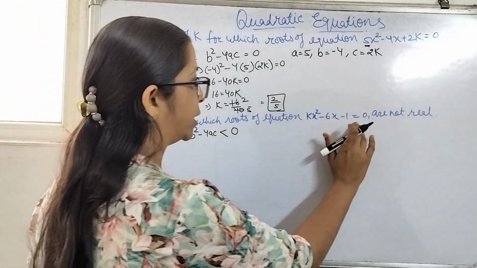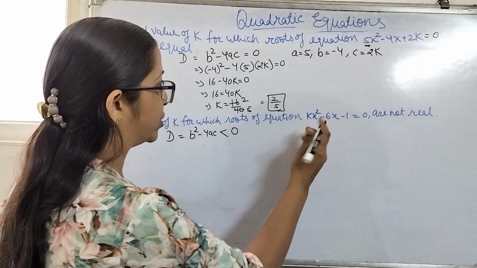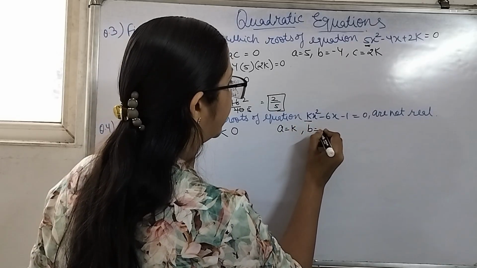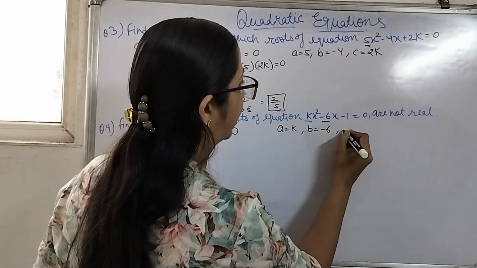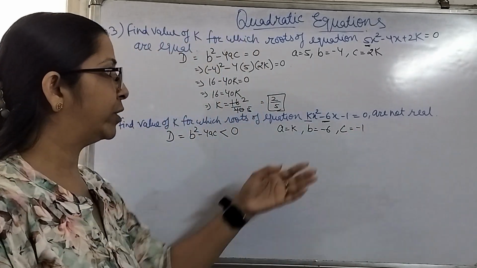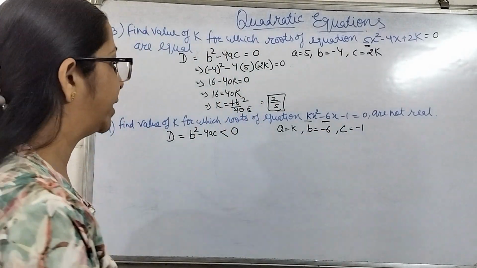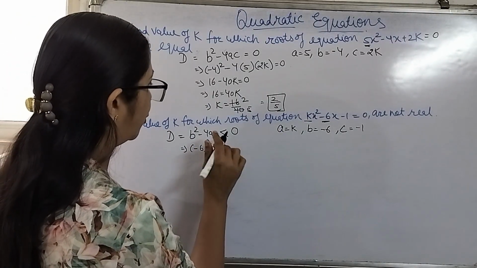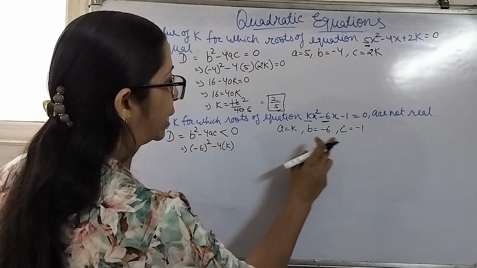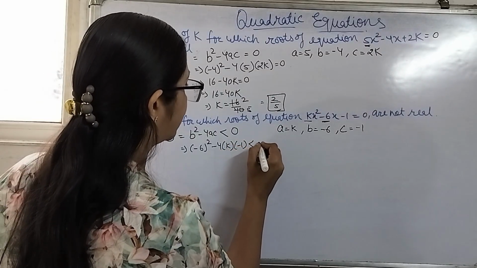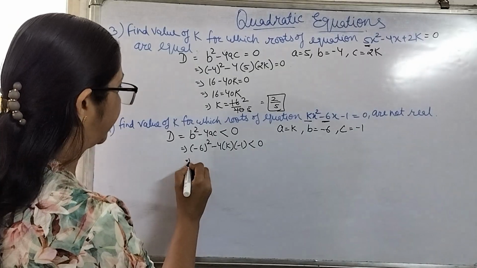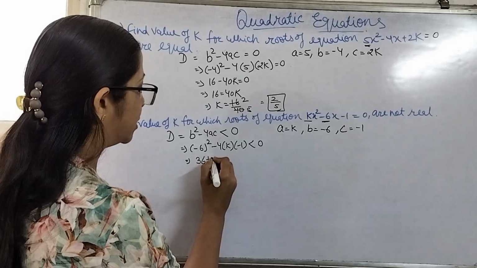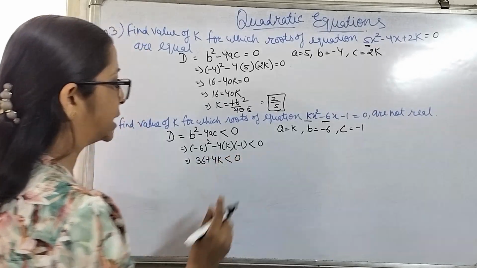Now again, if we compare this equation with the standard form of the quadratic equation, we can see that the value of a is k, the value of b is minus 6, and the value of c is minus 1. Now when we keep these values here, we get b square, that means minus 6 whole square, minus 4, value of a is k, value of c is minus 1, should be less than 0. That means minus 6 square will be 36, minus minus becomes plus, so plus 4k should be less than 0.